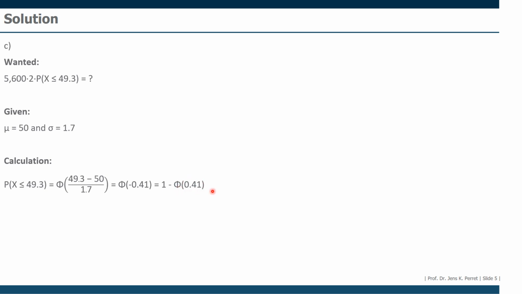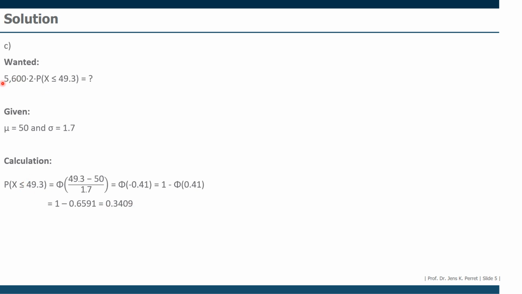And the 0.41 I can look up in my table, giving me there a value of 0.6591. So I'm going to subtract this off and get the 0.3409 as a final result for this probability.